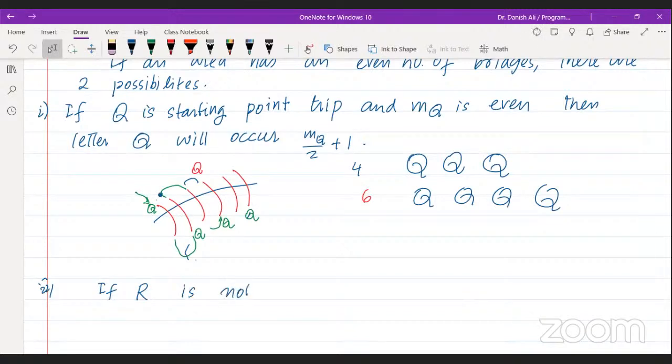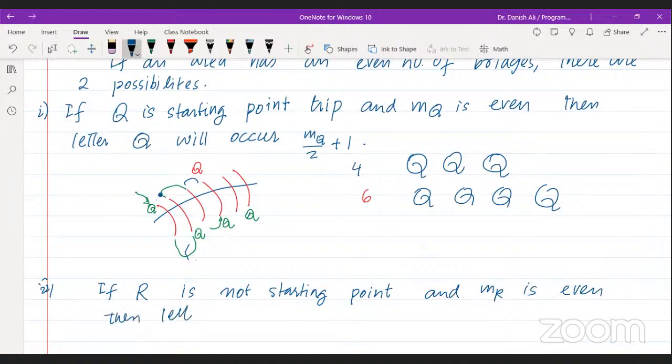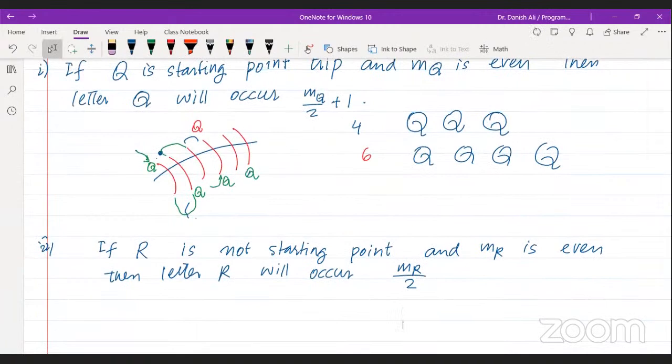If R is not the starting point, and MR is bigger, then the letter R will occur MR by 2. So you divide it by 2. Yes. Okay, let's see for this case.